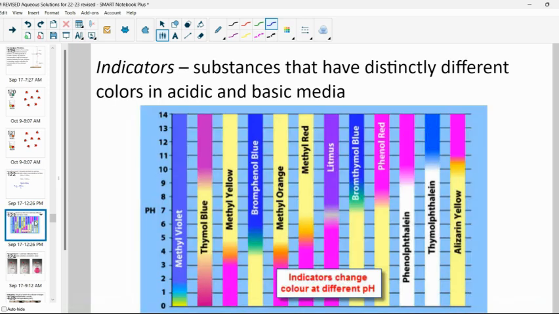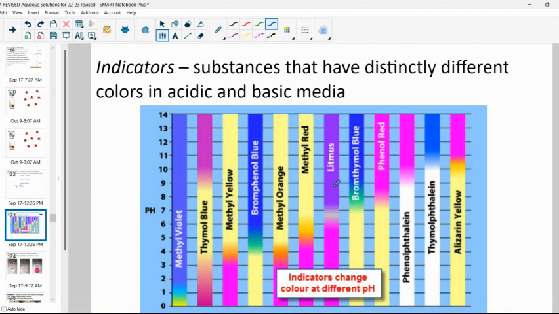How do we know we're at the equivalence point? We're going to use an indicator to tell us that. Indicators are substances that have distinctly different colors in acidic and basic media. An easy way to think about this is testing with your pool chemicals. The pool chemical kit changes colors based on different levels, and one of those is pH.